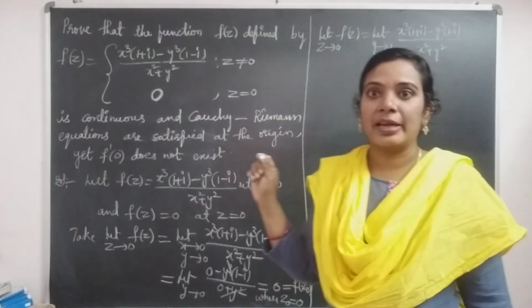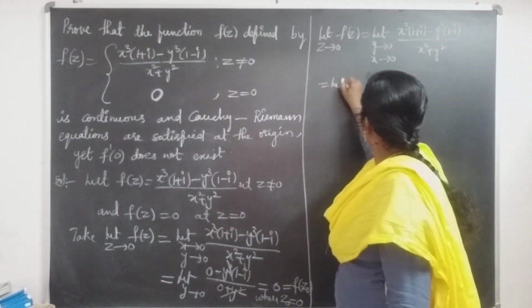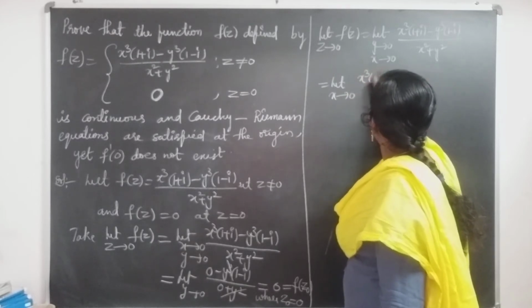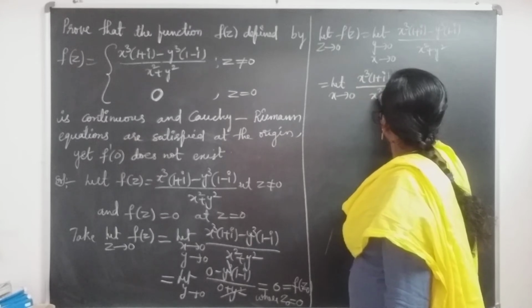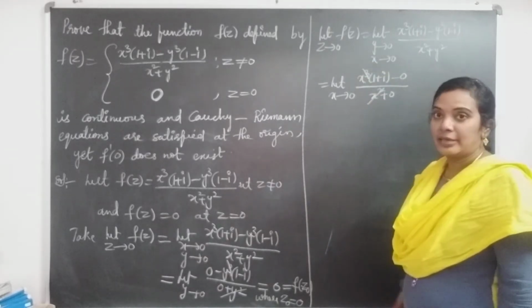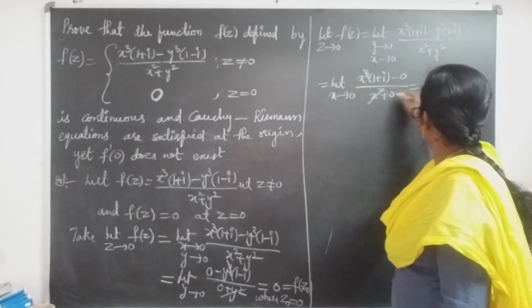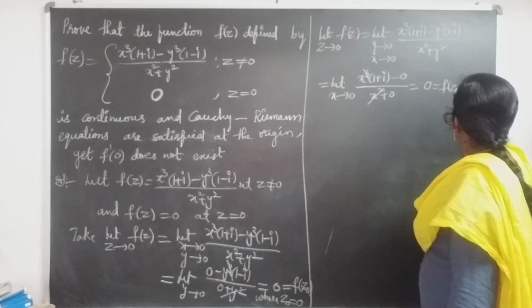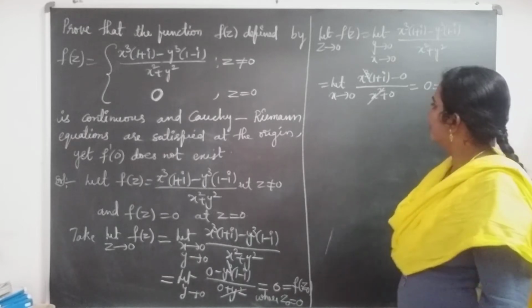Here first we can apply the y limit, that is equal to limit x tends to 0, x cube into 1 plus i minus 0 by x square plus 0. Then x square gets cancelled. Here it is equal to, applying the x limit, it is 0, that is f of z naught, where z naught is equal to 0.